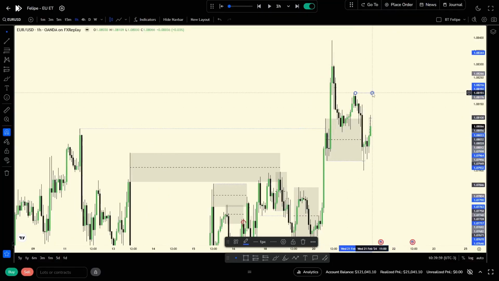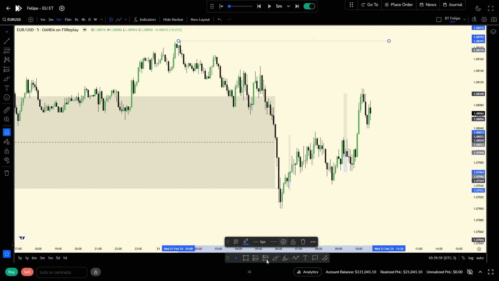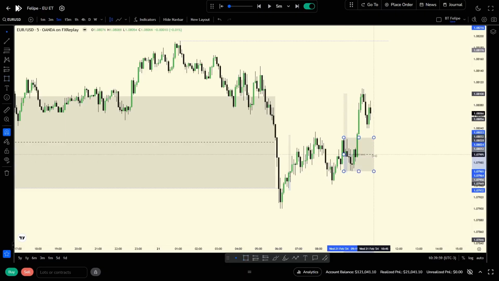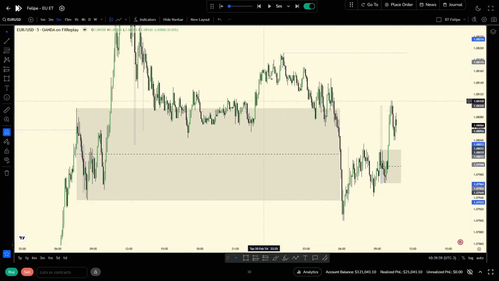Shorting after this liquidity will be better. And longs maybe here. Maybe after this, I can short here as well.